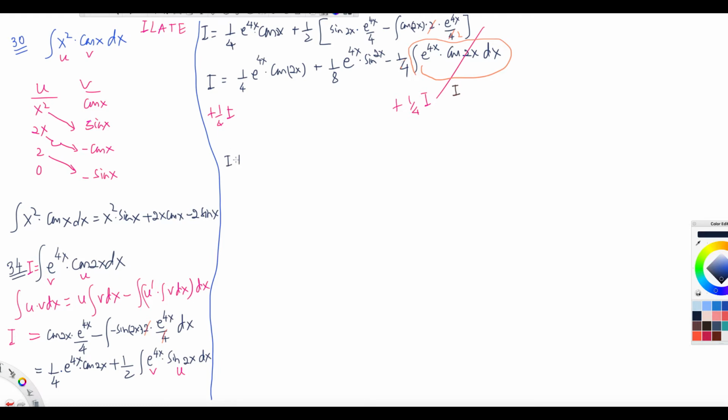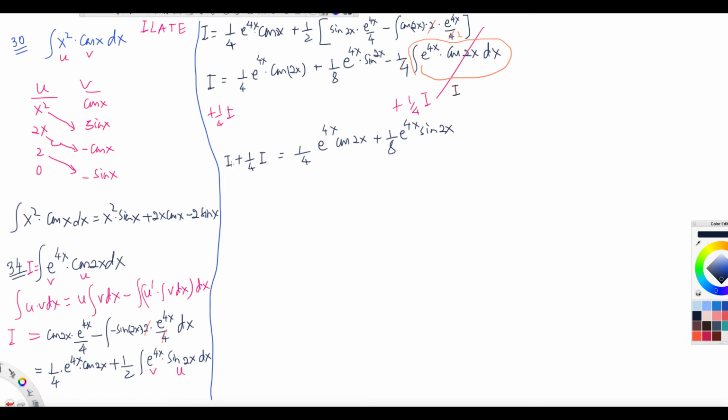So I plus 1/4 I is equal to 1/4 e to the 4x cosine of 2x, right? And then plus 1/8 e to the 4x sine 2x. That's what you get. Okay.